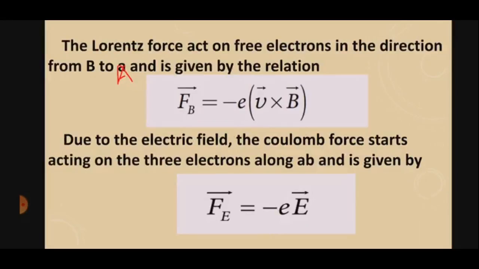Understand, students? This electrical force is given by F vector equal to minus e into E vector, where E represents the electric field. Because of the electric force, all the electrons flow in one direction and accumulate at end A.